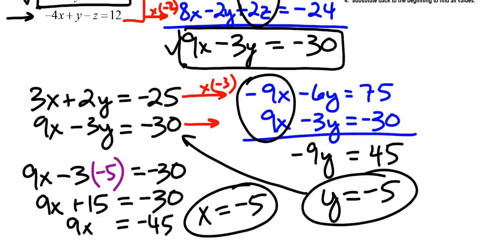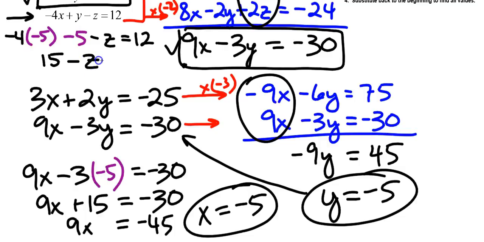As I start plugging things in, that's going to be negative 4 times negative 5 plus y, so I'm just going to put minus 5 for the y, and then minus z equals 12. So this is going to be 20 minus 5, so that makes 15 minus z equals 12. And from that, you should be able to find that z is equal to 3.